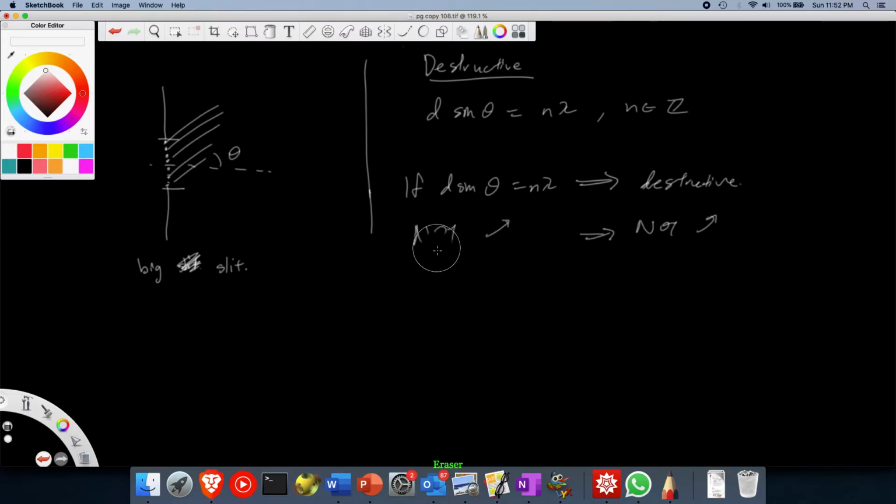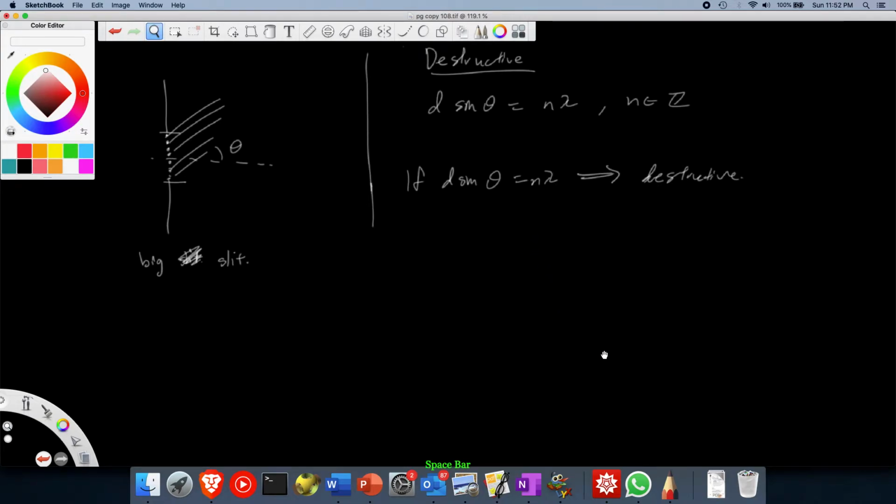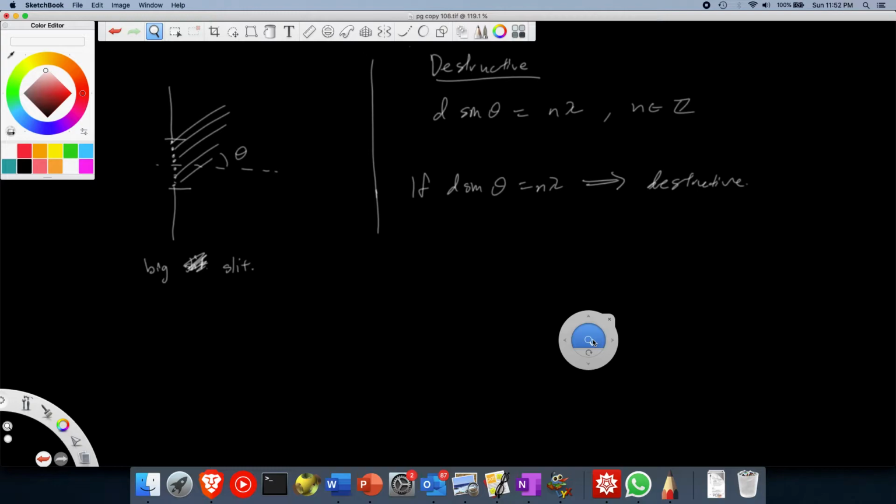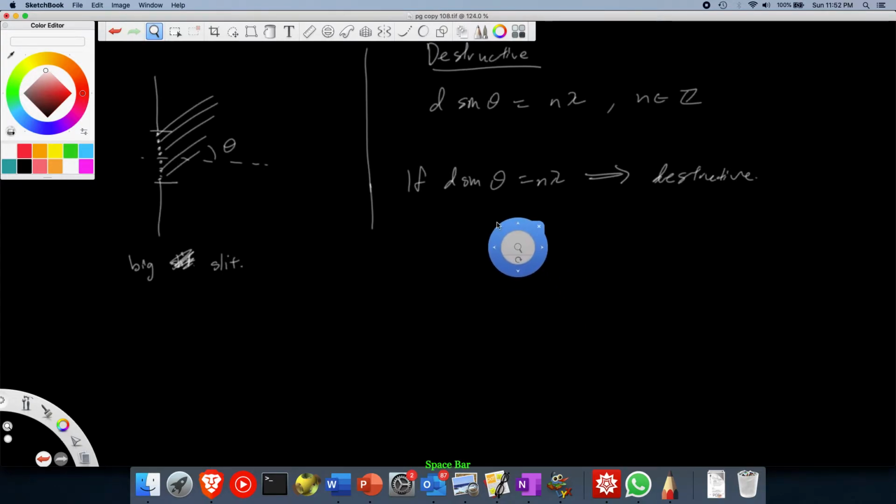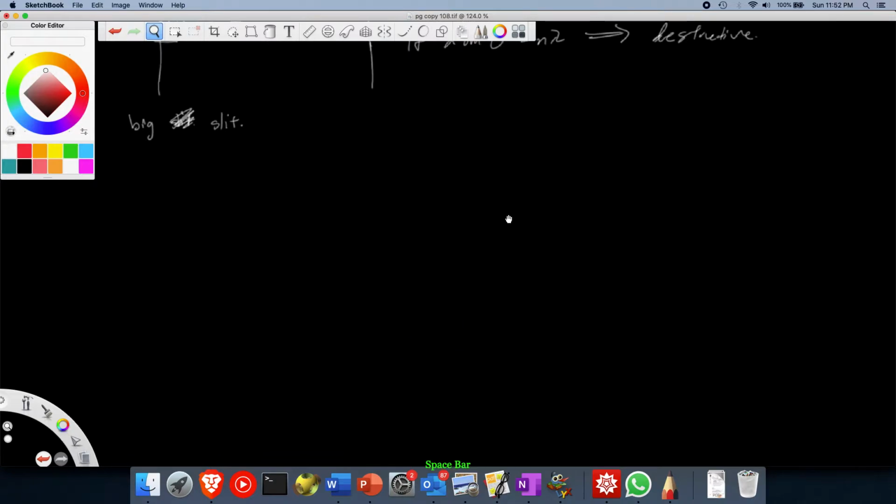Do note that it's an if P then Q, but if not P, it does not mean if not Q. So hope that's clear. This is a condition that is sufficient, but it might not necessarily be necessary. So without further ado, let's go ahead.